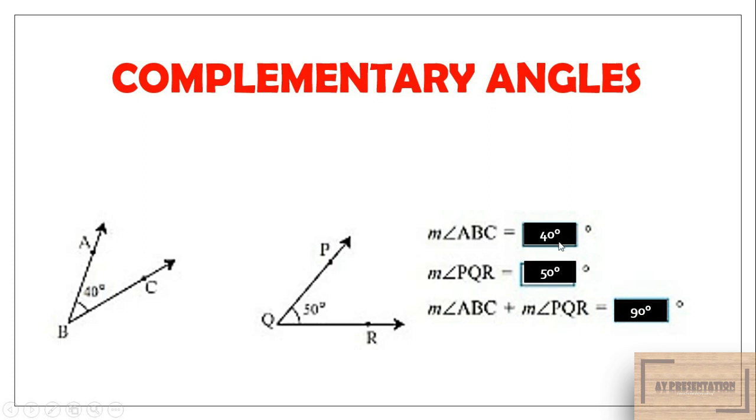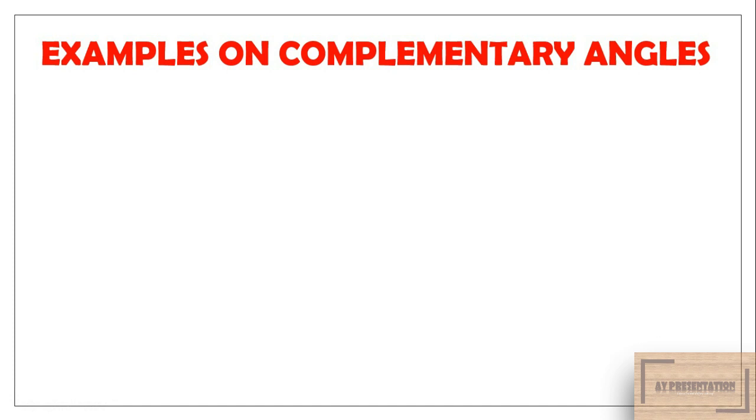Angle ABC is 40 degrees, angle PQR is 50 degrees, so the sum is 90 degrees. So angle ABC and angle PQR are both complementary angles. Let's learn some examples on complementary angles.